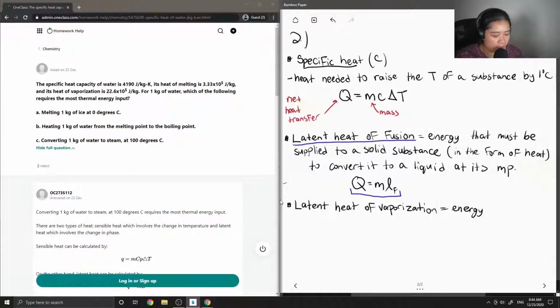So this is the energy needed to change a liquid to its vapor state at its boiling point.